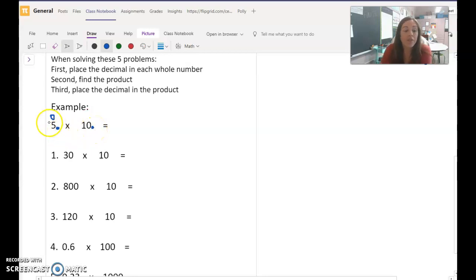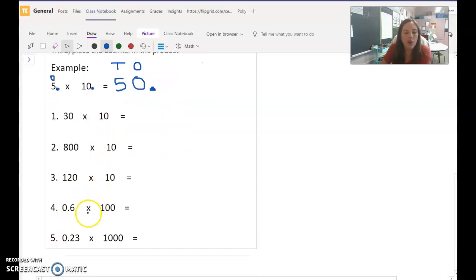Well, I just know that 5 times 10 equals 50. So we just did find the product. That's step 2. Third, place the decimal in the product. Well, if I label my place value 5 tens, 0 ones, I know that my decimal goes right here on this side of the ones.